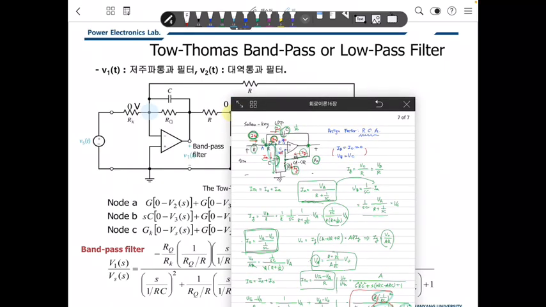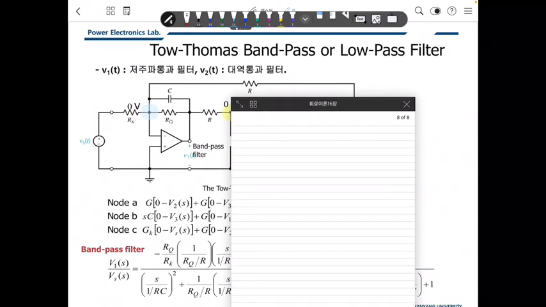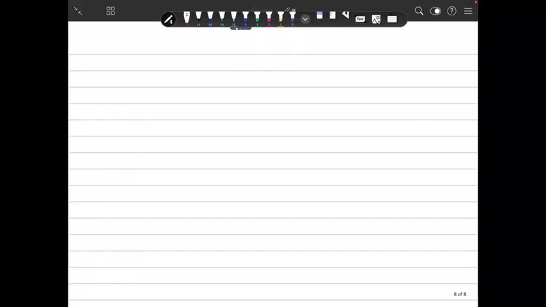Before that, I will give you one more example, which is how to design the passive filter. This is the passive filter design example, example 16.4.1.